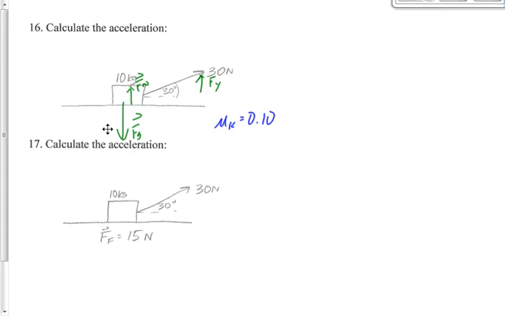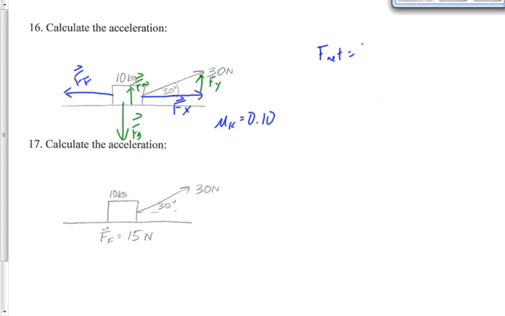Now, we also have a force of friction acting this way, and we have an x component of that 30 Newton force acting this way. The net force here is equal to the sum of the forces that haven't canceled. The green ones have all canceled out.